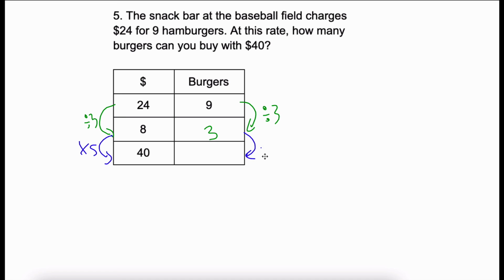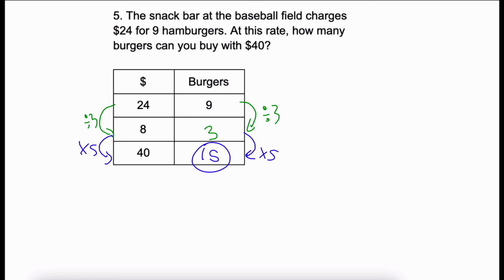So 3 times 5, and that gets me to 15. So final answer to this question, with 40 bucks, you could buy 15 burgers, at least at this snack bar where you can buy 9 burgers for $24.